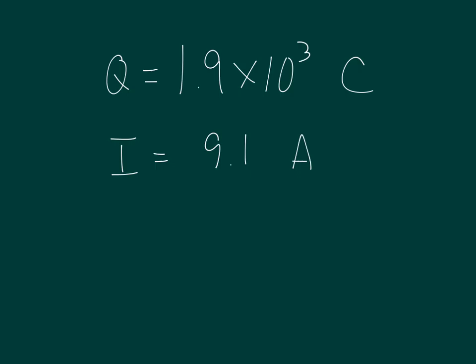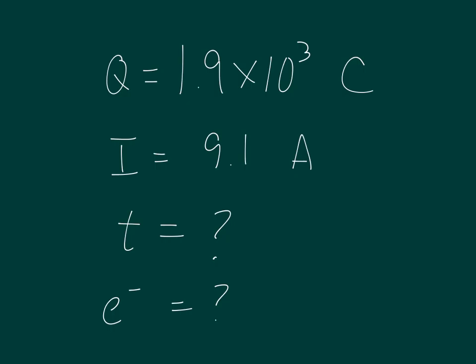Okay, it wouldn't be heavy duty math unless it was like part A for a math problem. It says a current draws 9.1 amps. The amount of coulombs that actually are used here are 1.9 times 10 to the third. And then it says how long does it take for the charge to pass through the hair dryer? And then how many electrons does this represent? Those are the two things we're trying to figure out.